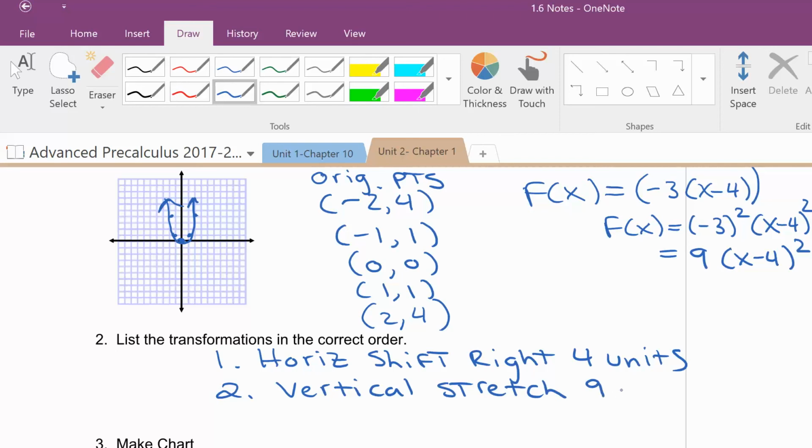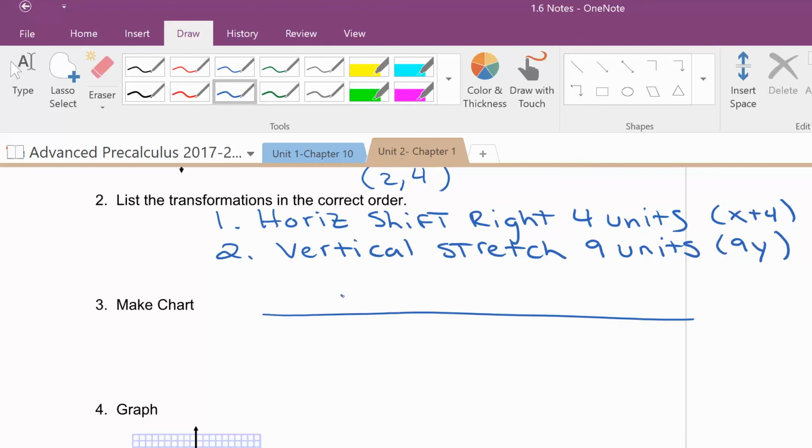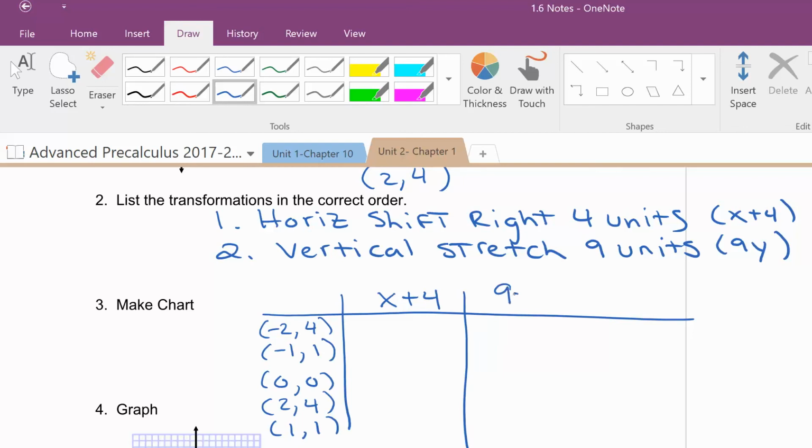Vertical stretch 9 units. So this means I'm going to go x plus 4, and this means I'm going to go 9 times y. So when I make my chart, I have x plus 4, and I have 9 times y.